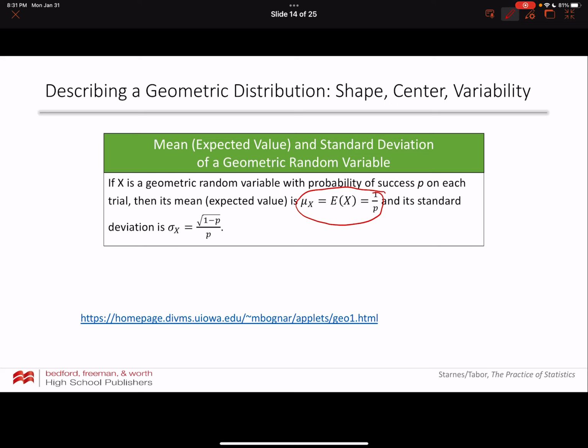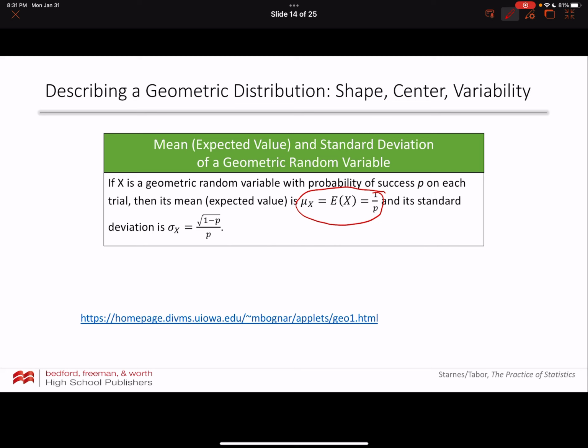So if there is a 1/6 chance of rolling a 3 on each roll, my expected number of trials until I get my first 3 would be 6 rolls.